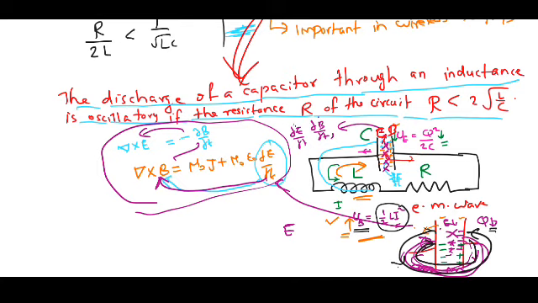That is, if the electric energy lost in the capacitor is a certain amount, for example 10 joule, then 10 joule of magnetic energy will be stored in the inductor. Okay, that is, the energy will be shuttled between the capacitor and the inductor.